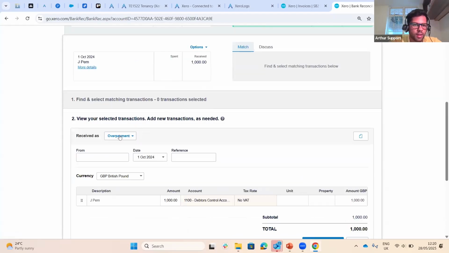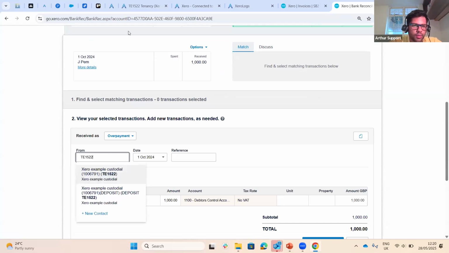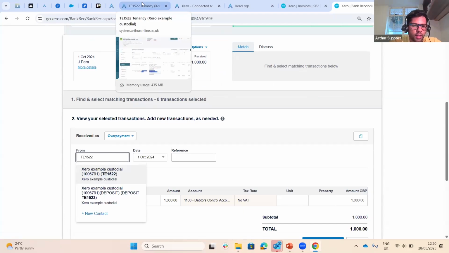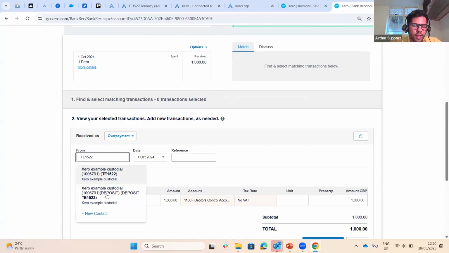And then in here, so this is the part I was explaining where you can use the tenancy number to make sure you select the correct contact in Arthur. And then you have two contacts. One contact is linked to the deposit statement. One contact is linked to the rent statement.